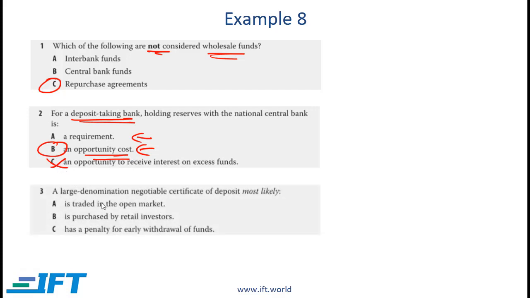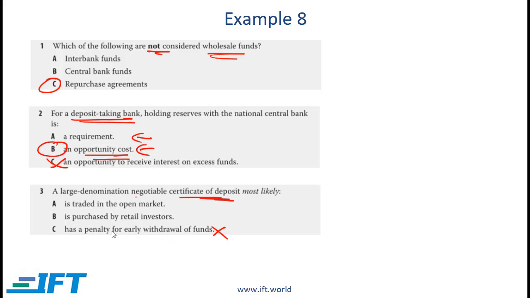A large denomination negotiable CD of deposit most likely is traded in the open market, is purchased by retail investors, has a penalty for early withdrawal of funds. Here again, C is obviously not the right answer.